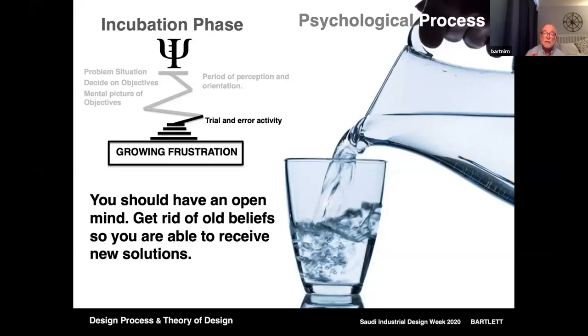So you look at what this product does and not what's been done in the past. That's why I showed this picture of water being poured here. What I was taught is only an empty cup can be filled. So you have to empty your mind of existing solutions so that you're able to receive new ideas and new solutions.